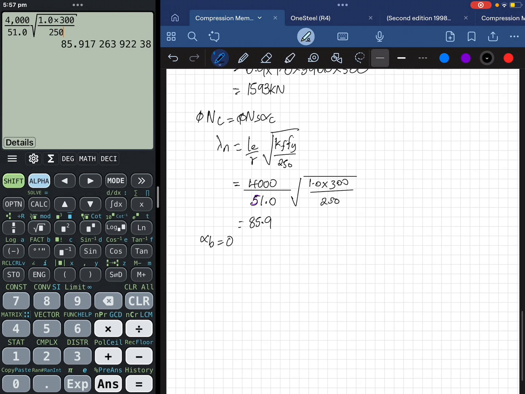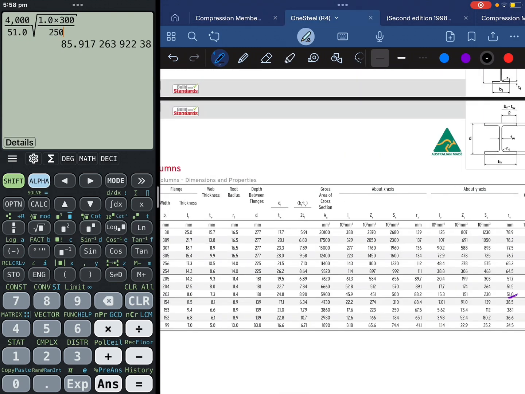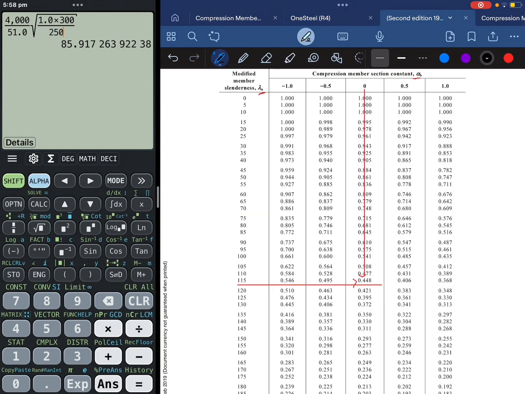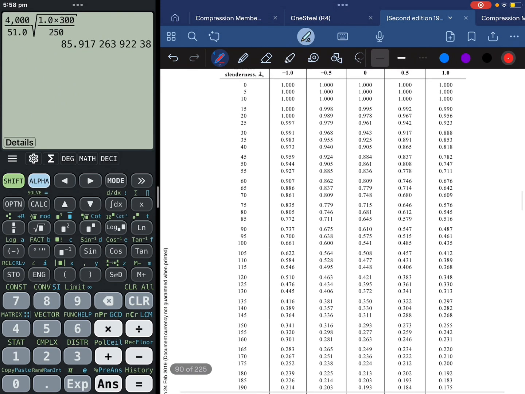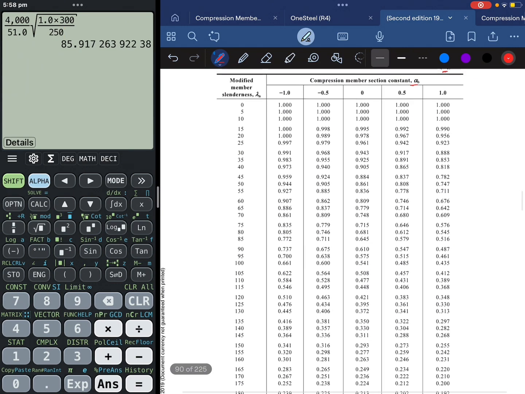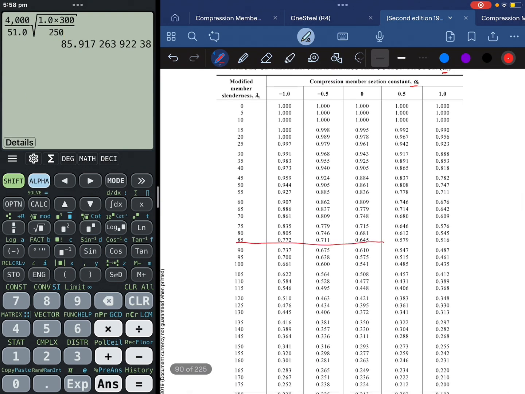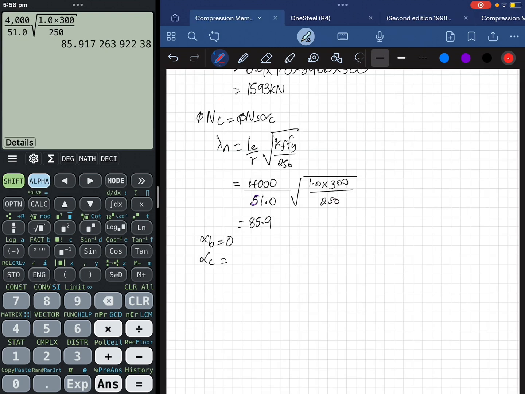Now for alpha c, we can go back to the code and look for a slenderness ratio of 85. That gives us 0.645.